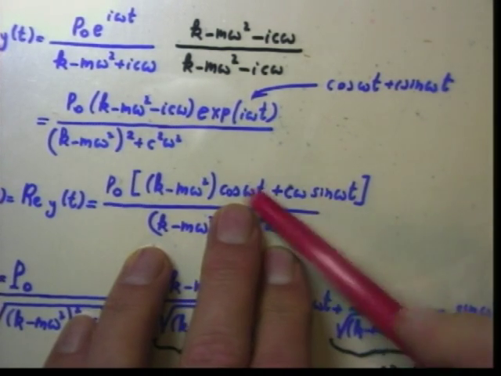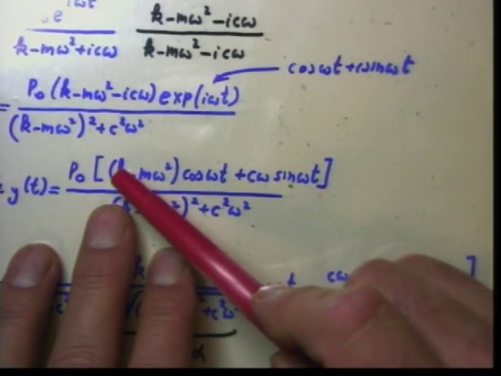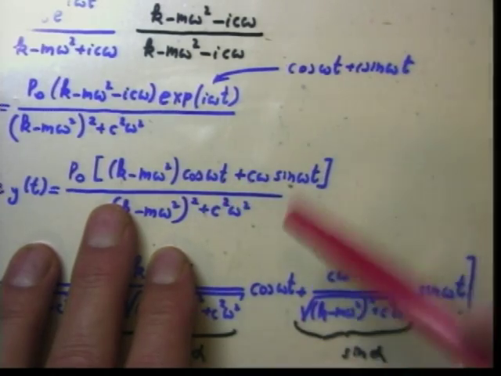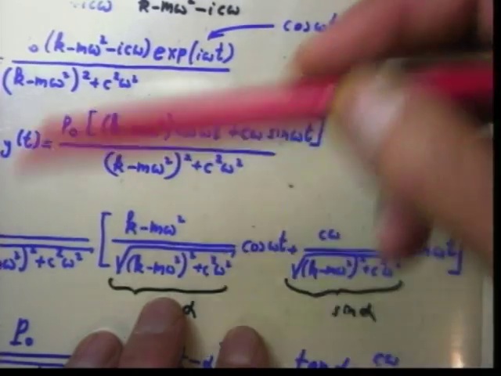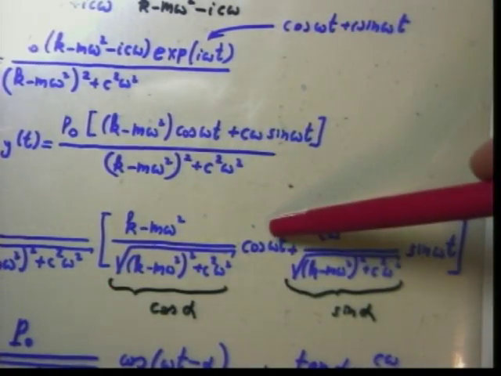I don't want to have them both. I would like to have a phase shift. So therefore, I should multiply and divide by the square root of this square plus this square. Then when I divide by that, this divided by that square root will be cosine phi, and this will be sine phi.